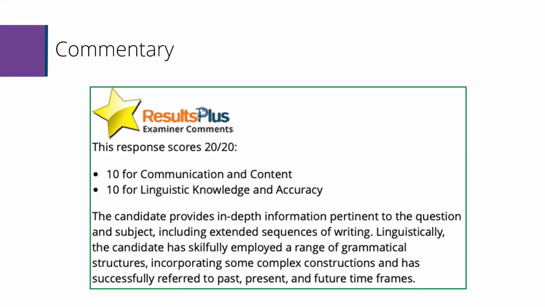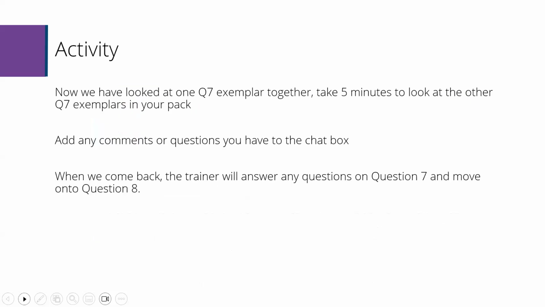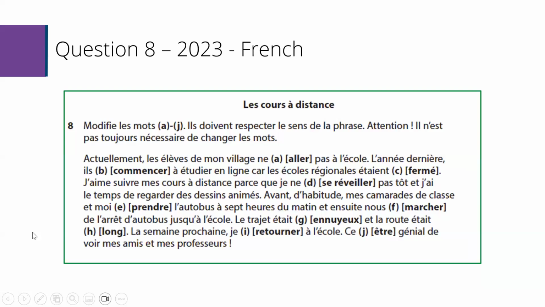Linguistically, the candidate has skillfully employed a range of grammatical structures, incorporating some complex constructions, and has successfully referred to past, present, and future time frames. Okay, so that was a 10 out of 10 on both of the 2 mark grids. So now I want to move on.